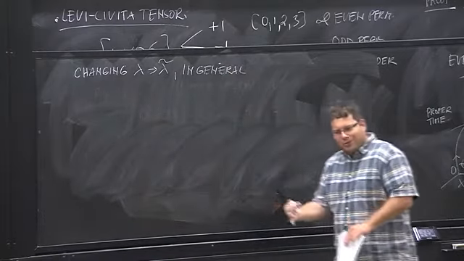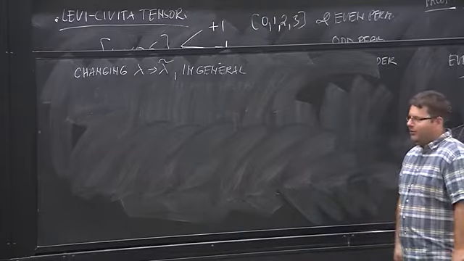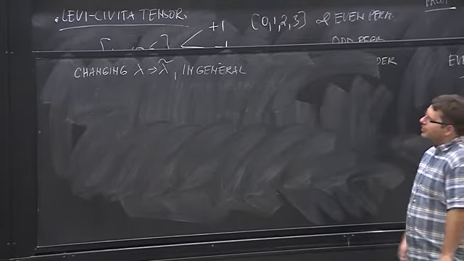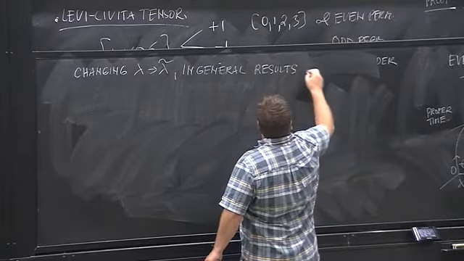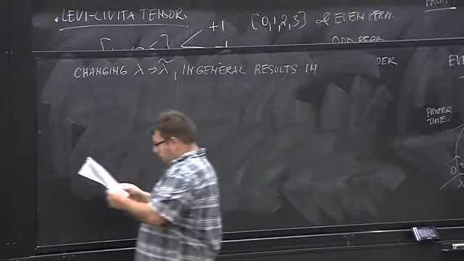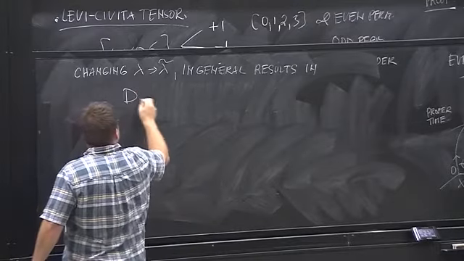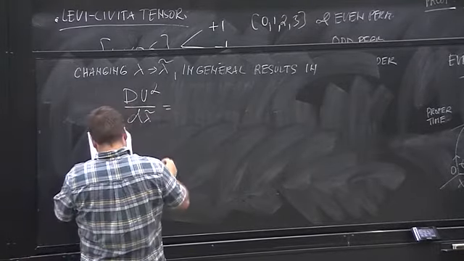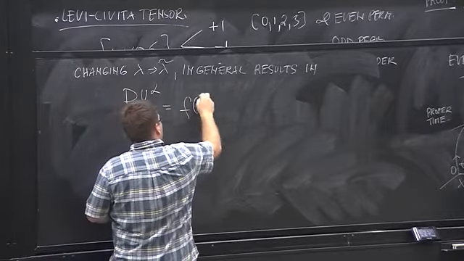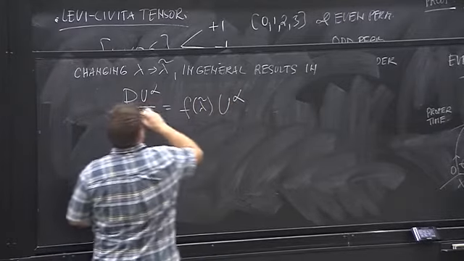Even if I have a geodesic, where the tangent vector is parallel transported, if I change just the parametrization, it results in the following change: d u alpha over d lambda tilde equals some function of lambda tilde times u alpha.